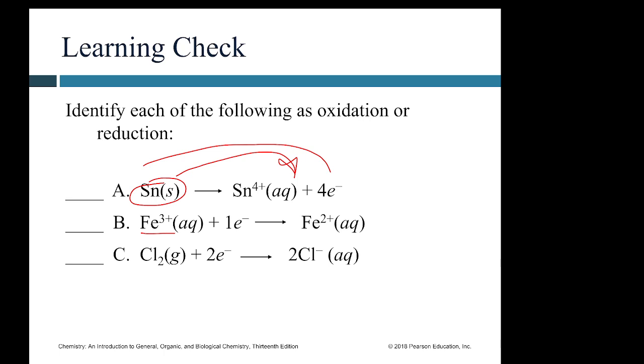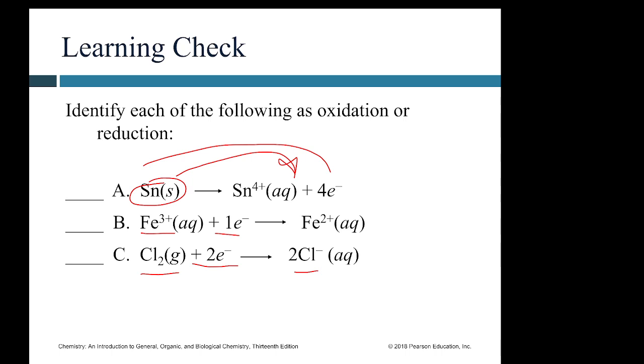We have a cation. It is gaining electrons, isn't it? So that is a reduction. Got it. Here we have a neutral Cl. It has gone to a negative Cl. What is that? It's reduction. Yeah. The other way of looking at that is it's gained electrons right there, isn't it?